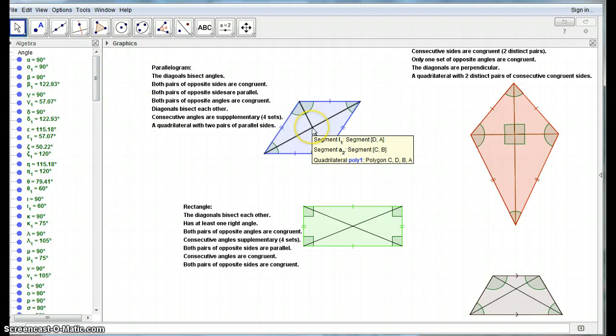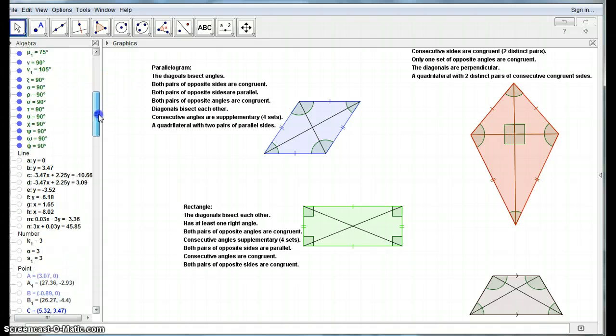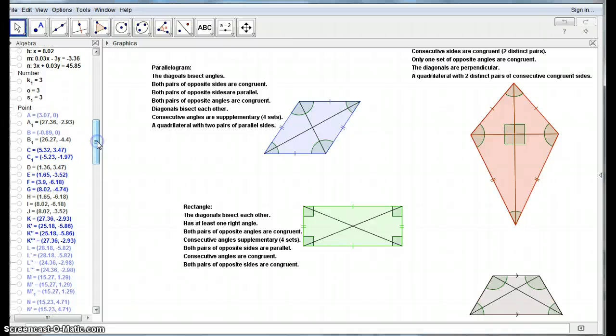I am wondering if you can still mark the diagonals, and I think you can. So just for the moment, let's turn back on some of these points.